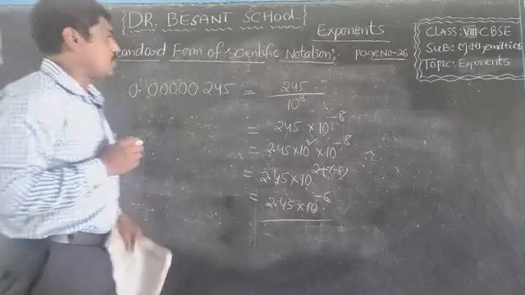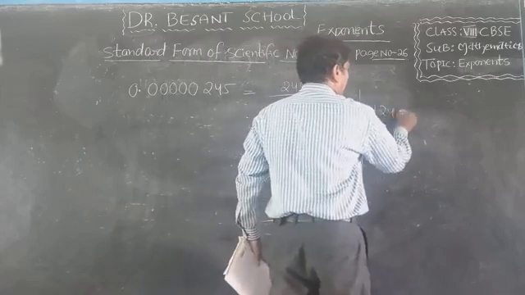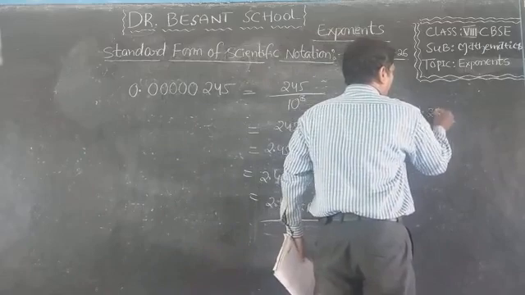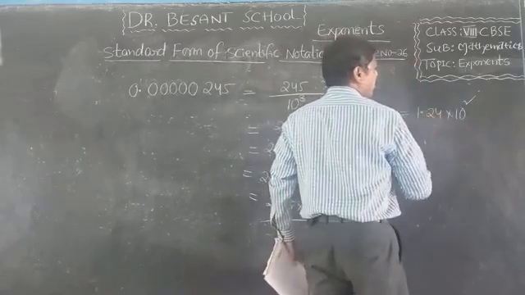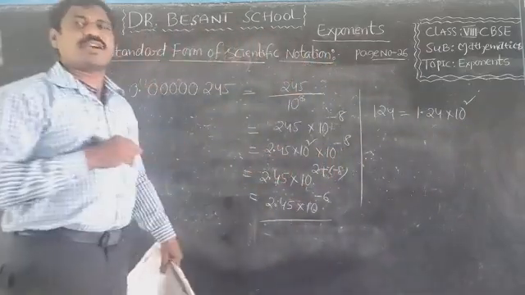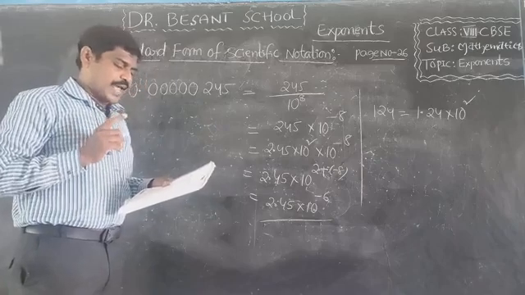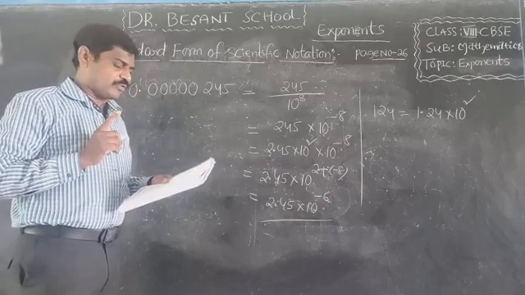Okay. Next, 124. So 124 means 1.24 into 10^2. After decimal 2 digits, that's why 10^2. If you multiply, we will get 124 only. Okay. So all the above numbers are written as the product of a decimal number and an exponent of 10.